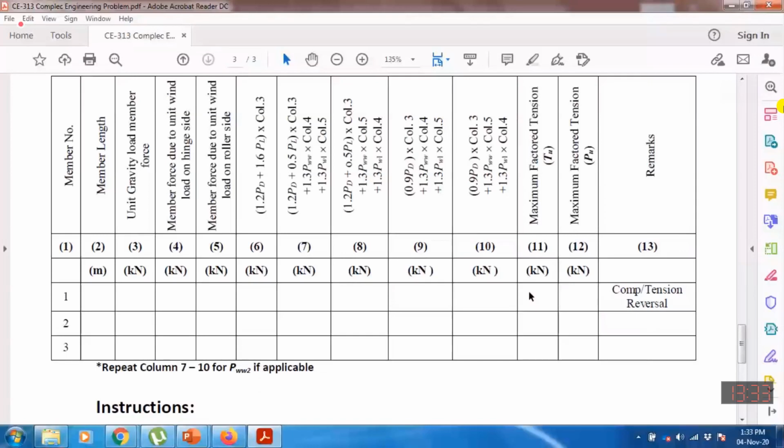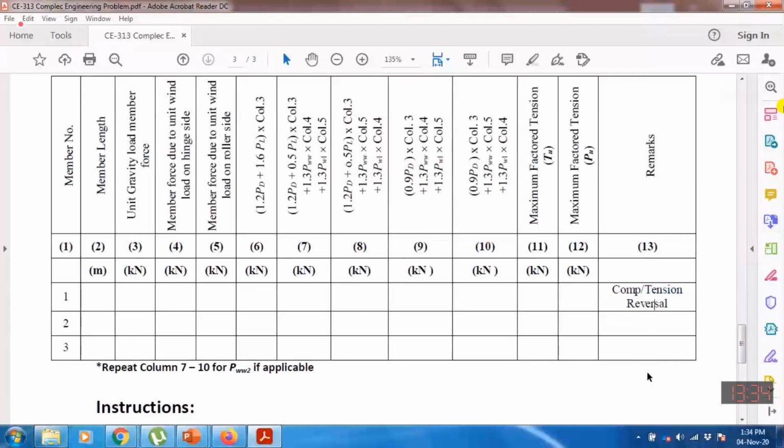Some of the members may only have tension due to some load combinations and will not have any compression, so in remarks you can write tension. Some members will only have compression forces and not tensile forces, so you can simply write compression. Some members may have both maximum compression and tension due to different load combinations. So in the remarks, you can write stress reversal. In this way, you can complete this table of forces.